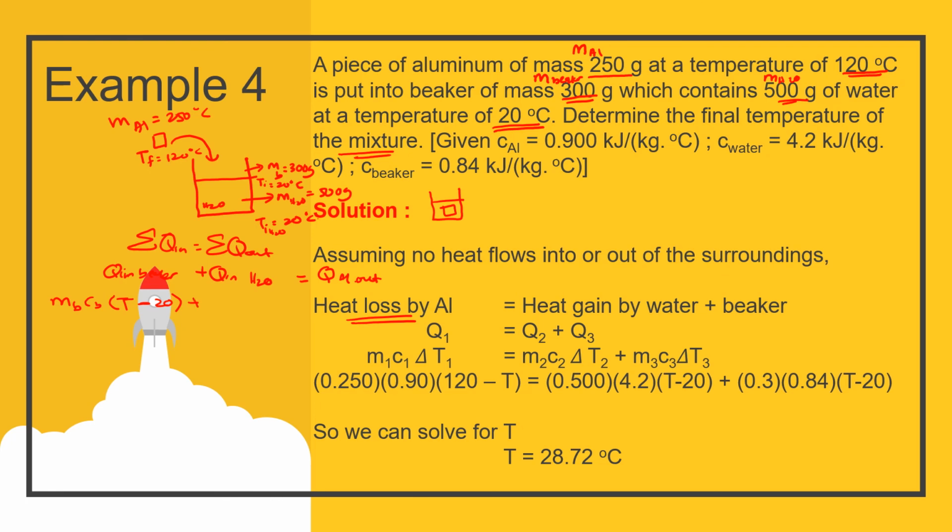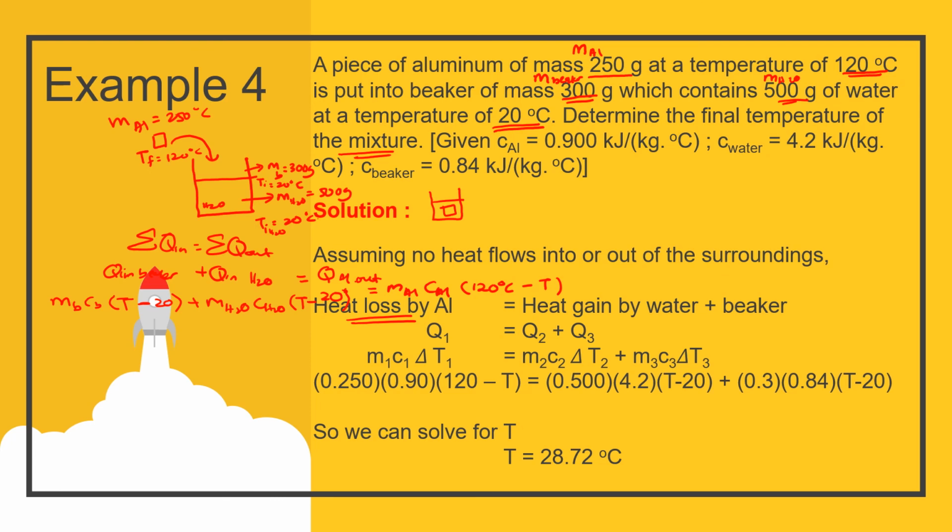Tambah dengan M H2O, C H2O, sama juga. T kita tak tahu, tolak dengan 20 degree Celsius. Okay. Sama dengan dia punya heat loss tadi adalah aluminium. So M aluminium, C aluminium dengan T final dia adalah 120 degree Celsius tolak dengan T. Berapa T yang dah transfer tu tak tahu.